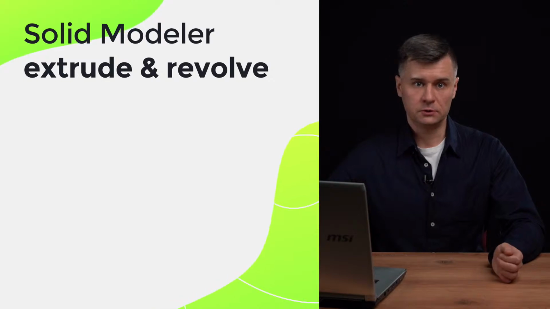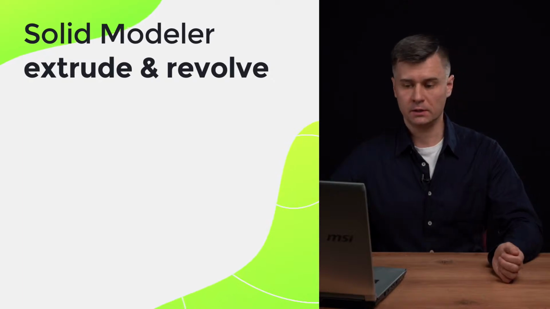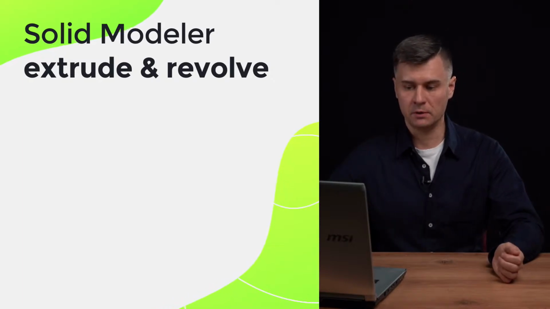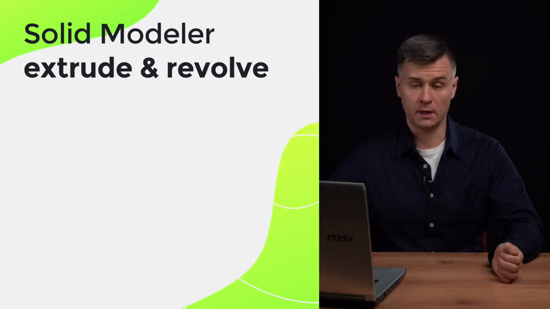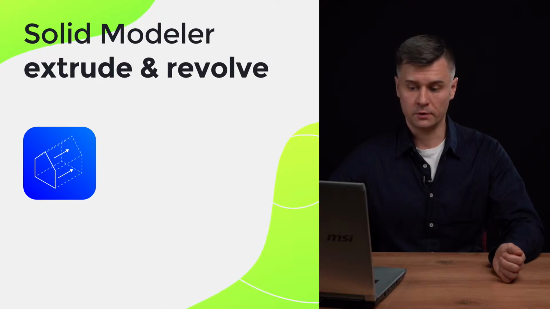Next, Solid Modeler and Extrude and Revolve functionalities. The idea in general is, I think, clear. A simple 2D entity may be used for creation of solid and sheet bodies from curves. The results may be used to construct complex bodies. Extrusion and revolution functionalities allow us to create bodies from curves and regions.